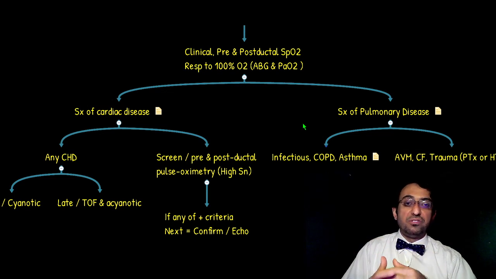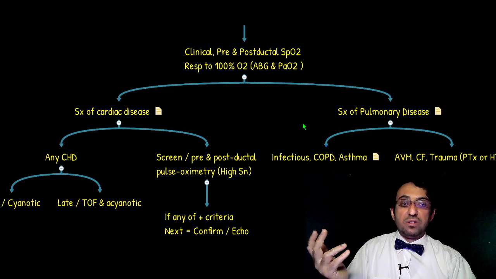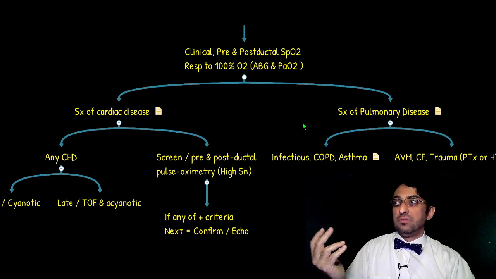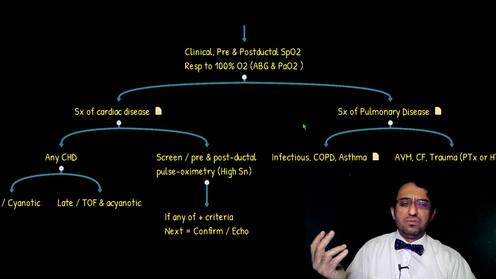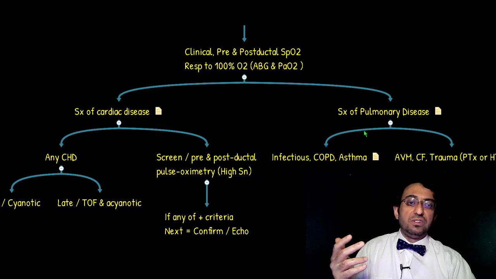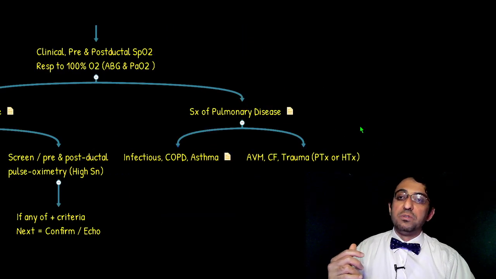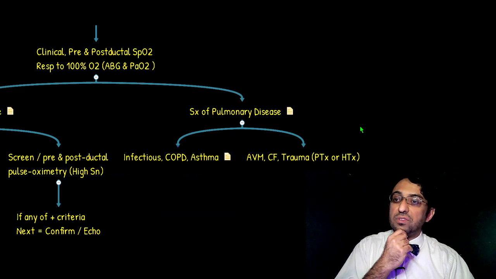It could be infectious, could be COPD and asthma, it could be some of those congenital conditions such as arteriovenous malformations, vascular rings, cystic fibrosis, trauma, other differentials of pulmonary disease that could be associated with cyanosis.